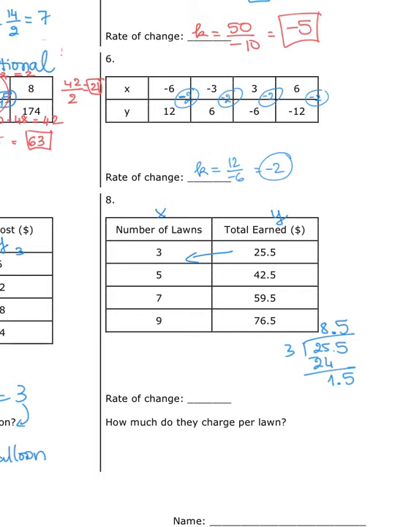So 25.5 divided by 3, I got 8.5. 42.5 divided by 5, I also got 8.5, $8.50. So the rate of change will be 8.5, K equal to 8.5, and it will be $8.50 for one lawn.